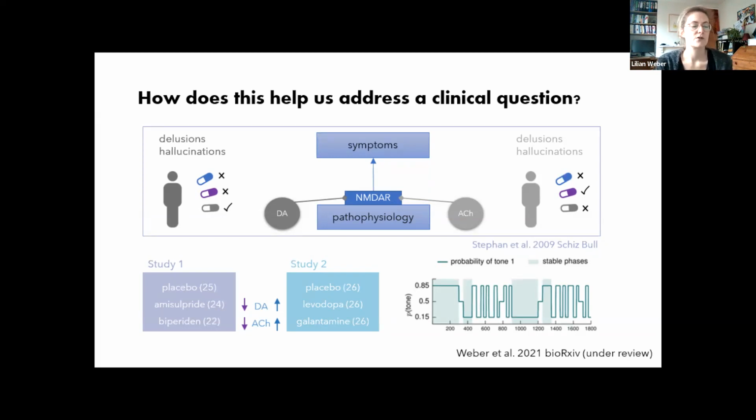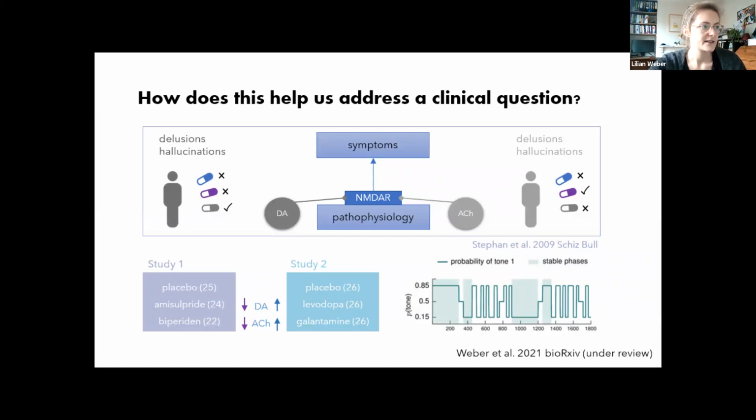And this allowed us to contrast MMN during stable phases to MMN during volatile phases without applying any model. And I won't go into detail about the model-free ERP analysis. We described that in detail in the preprint, which you could check out.